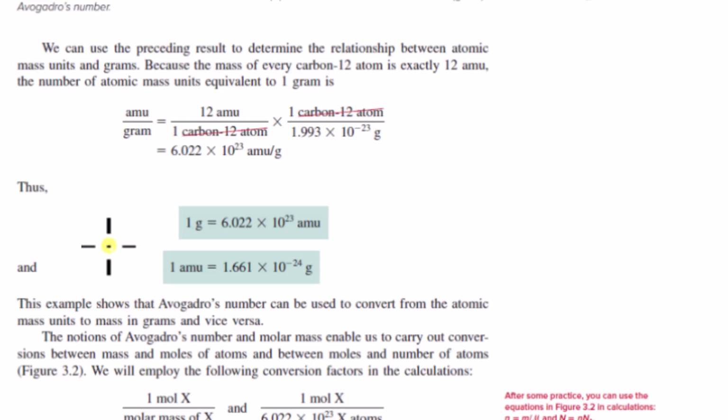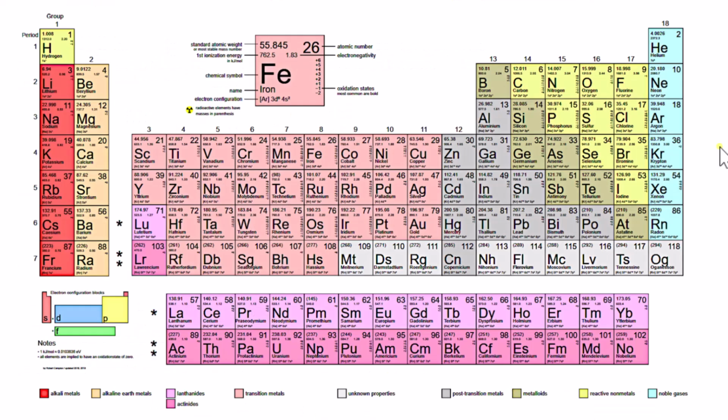So we could determine the mass of anything we want in AMU. Remember, by the definition of AMU, all AMU masses are relative to carbon-12, directly relative to carbon-12. That's the definition of AMU.